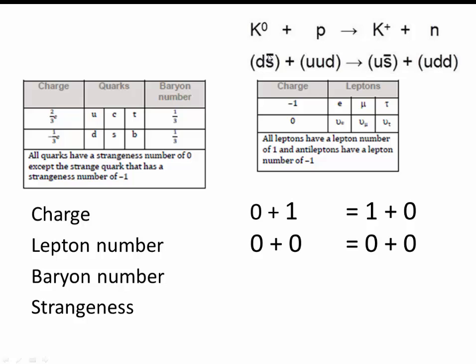This has a baryon number of 0. This has 1, 0, 1. So that works. Strangeness. Now this has anti-strange here. This is anti-strange. So this is consistent as well. So this has plus 1 and this has plus 1. So that works. So this interaction would also take place. However, it would only take place with the strong force, not with the weak force, because the strangeness is conserved.